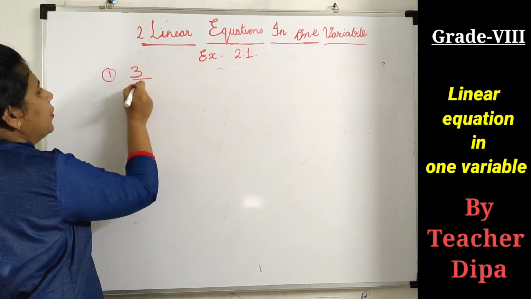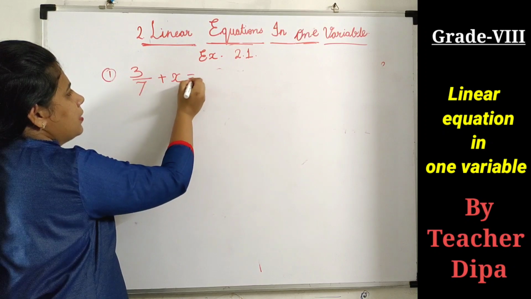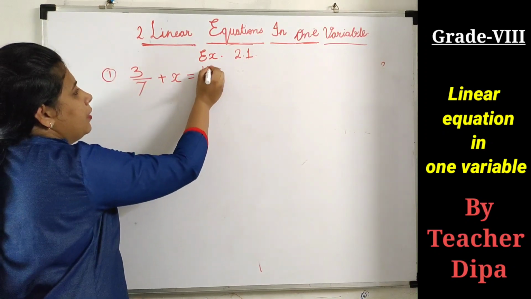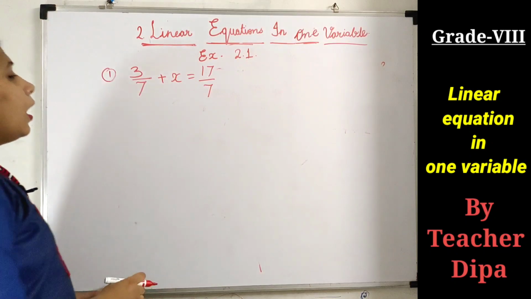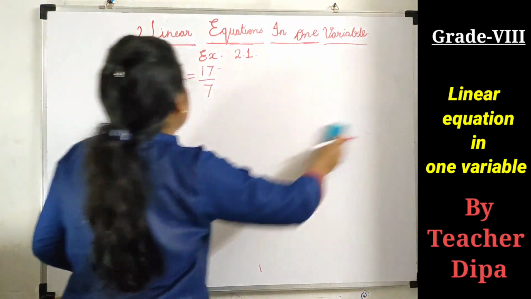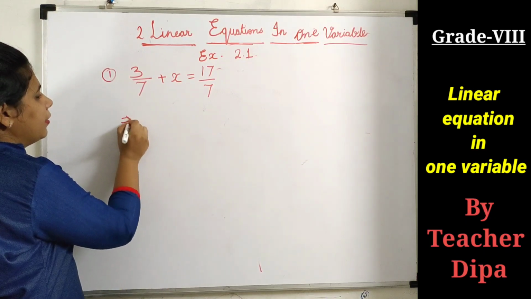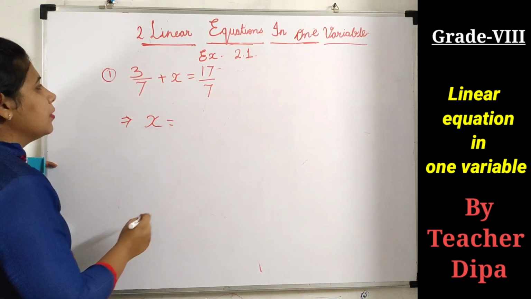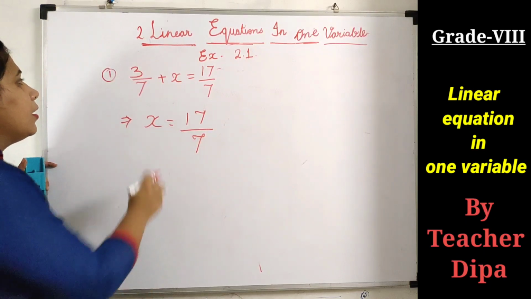3 upon 7 plus x is equal to 17 upon 7. Now, how to solve the sum when it comes into a fraction? Again, the methods are the same. We can write x over here. 17 will be as it is, 17 upon 7.